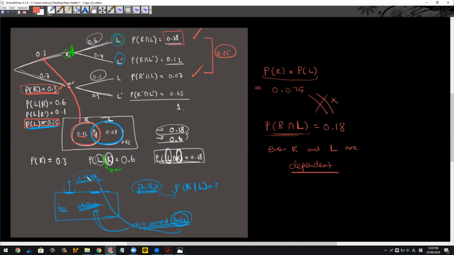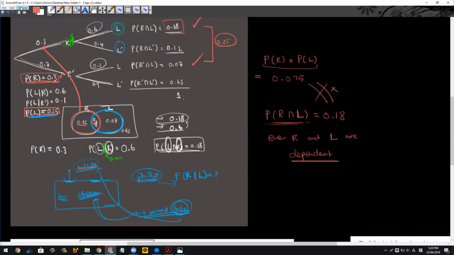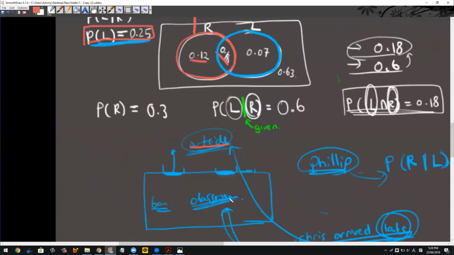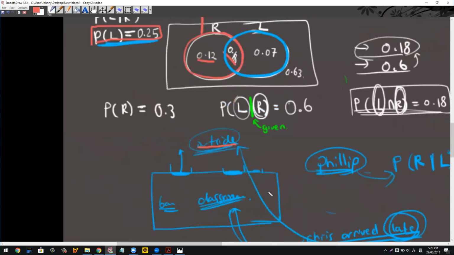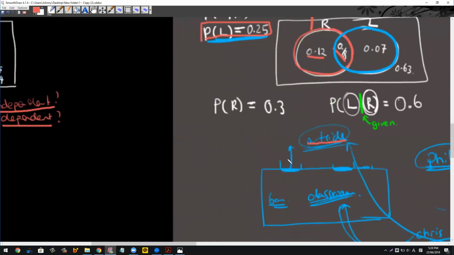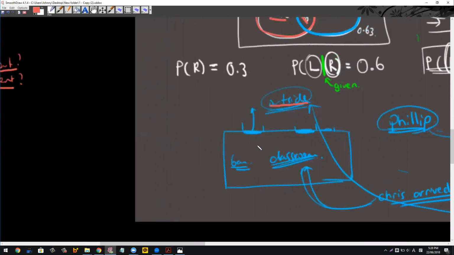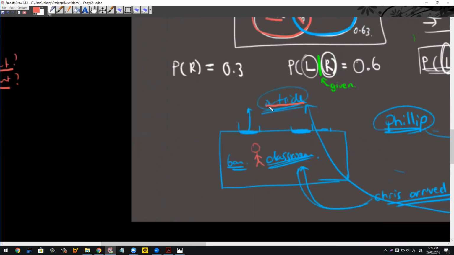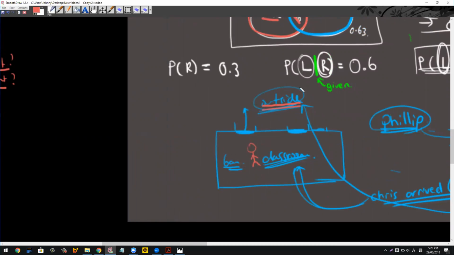Let me just zoom that in a little bit. So if it is raining outside, so Philip is right in here in the classroom, and outside it's raining.